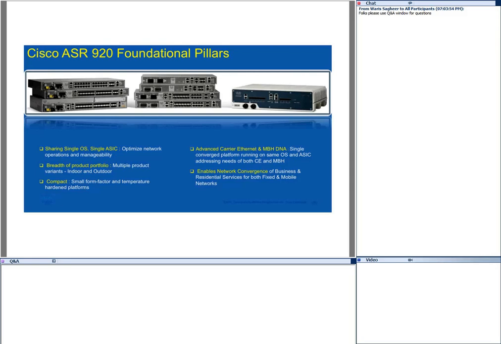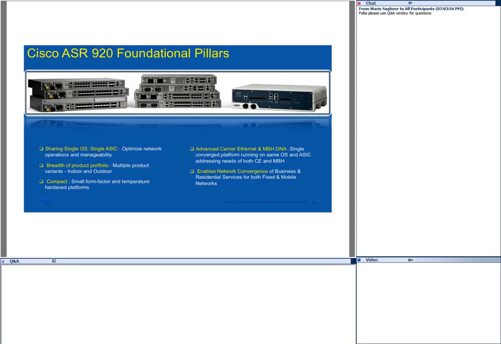Breadth of product portfolio: you can see that we have variants ranging from 4-port to 12-port to 24-port, to a 24-port based IM and also a passively cooled box. So there is a lot of product breadth depending on the deployment you have, be it an MPLS NID, a smaller port density access, a high port density access, or a converged access like TDM, 10 gig, 1 gig.